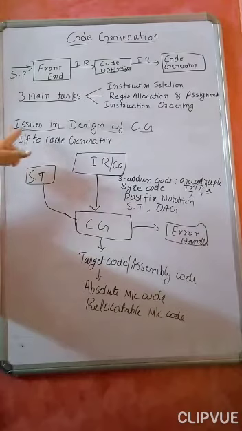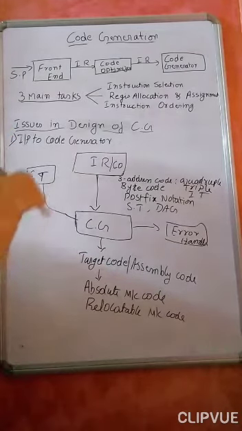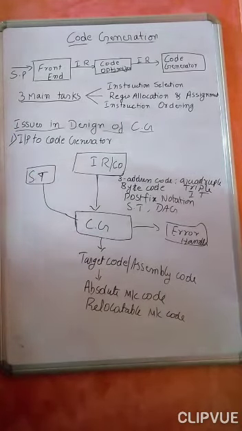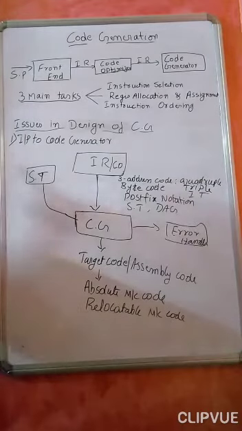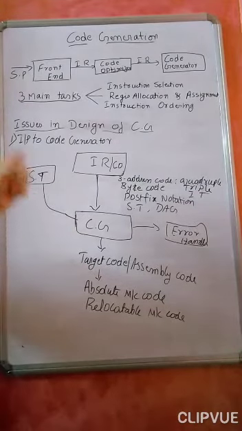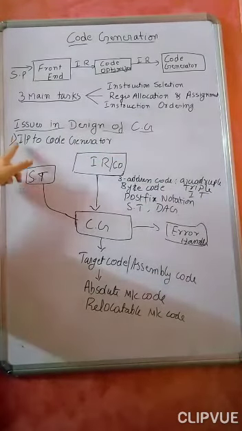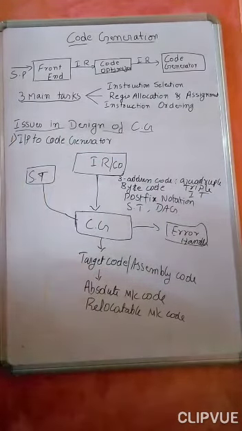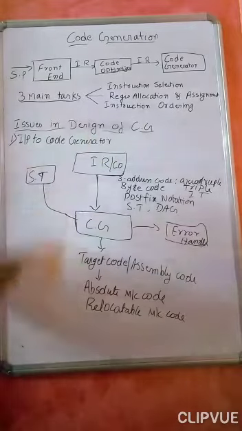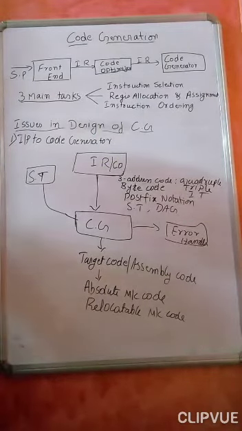Before that, let us come to the different issues involved in the design of a code generator. The first issue is the input to the code generator. As I told you, the input to the code generator is the intermediate representation, or an optimized intermediate representation.